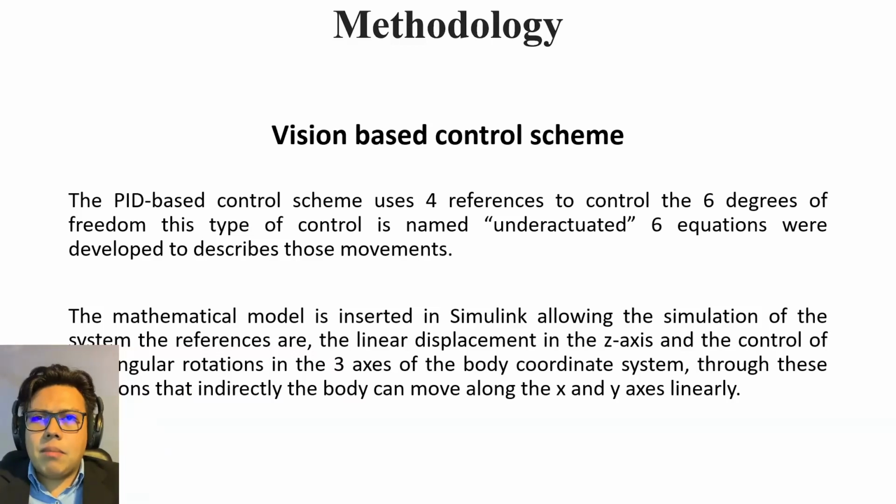The mathematical model is inserted in Simulink, which is software that permits the simulation of the system. The references are linear displacement and the z-axis, and the controls are angular rotations about the 3 axes of the body coordinate system. Through this rotation, indirectly the body can move along the x and y axes.